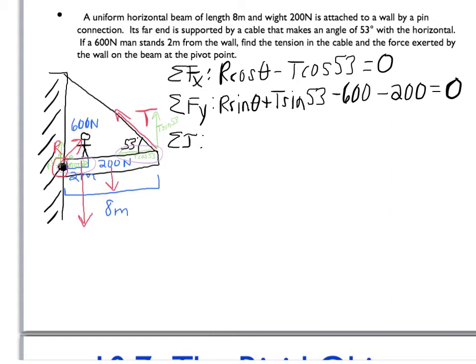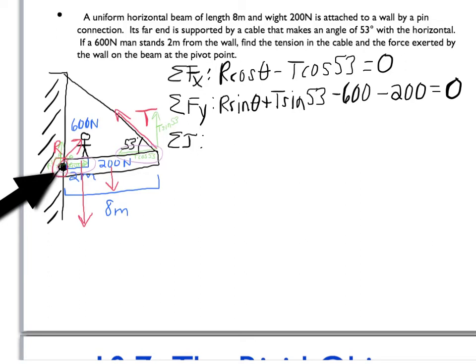If we choose this pivot point here at the wall, that's going to be a spot where we now eliminate the R variable as creating any torque, because that R variable is now not going to have any lever arm to it.